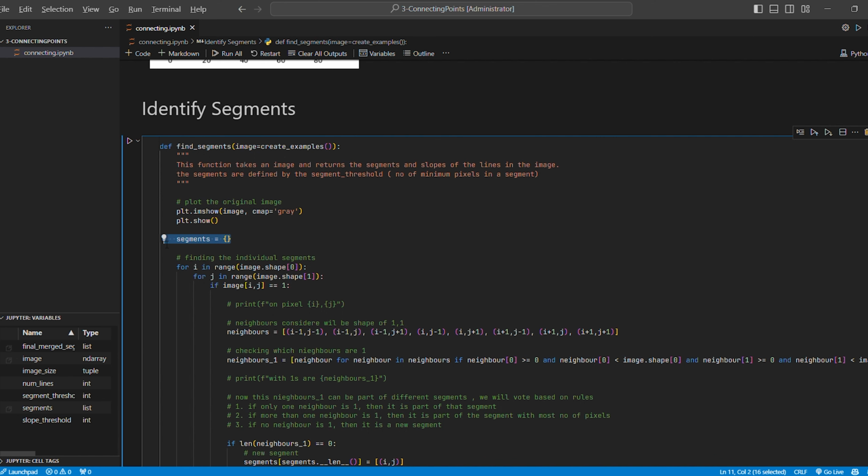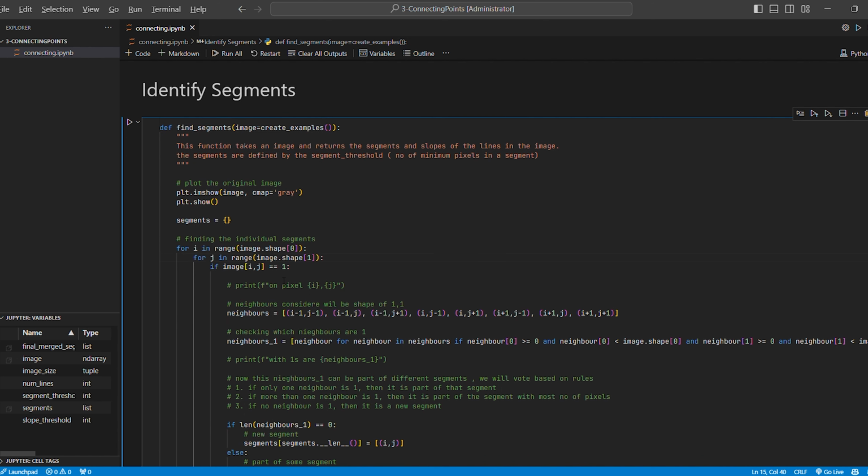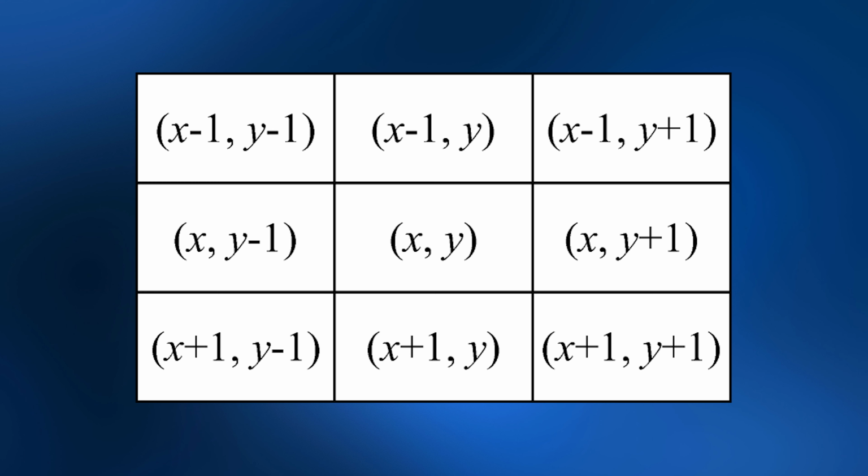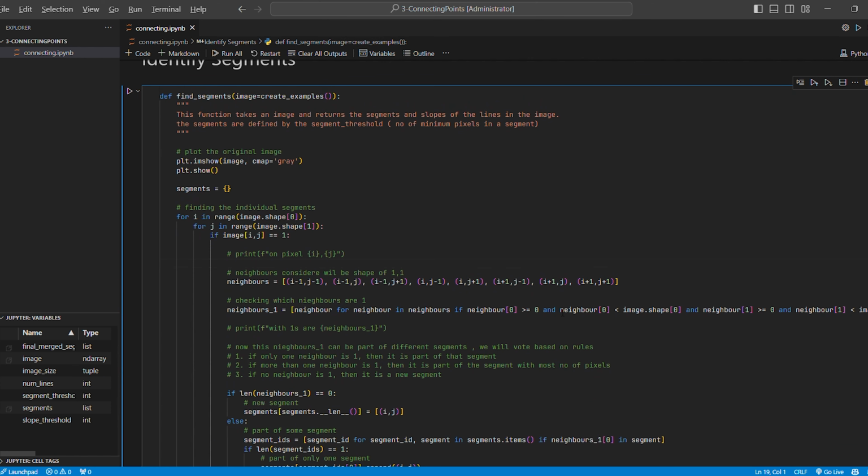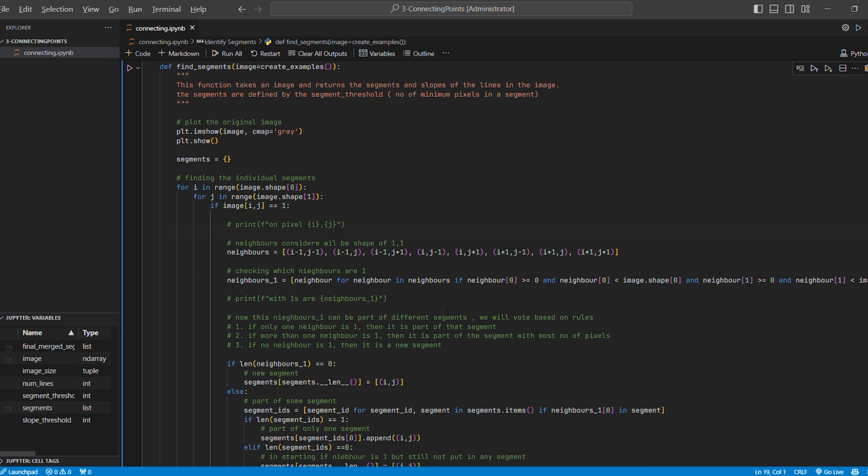I've taken a dictionary, then two for loops to iterate through the image, and if a pixel is 1, then we check all its neighboring pixels. For that I've written this. When I'm checking its neighbors, we follow some rules.